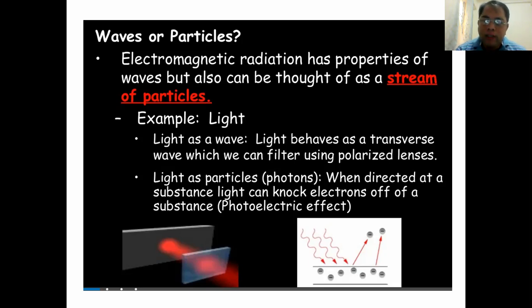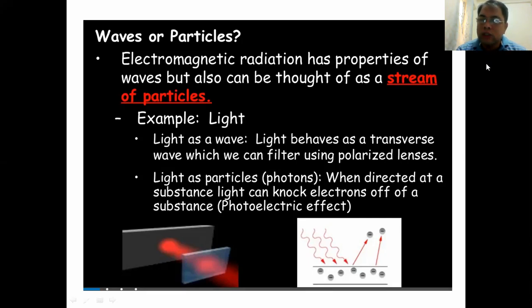If light is merely a wave, it may not influence other small particles. But since it can redirect, it can knock off electrons to some degree, then light could have a particle within it. And we call the particles of light photons.